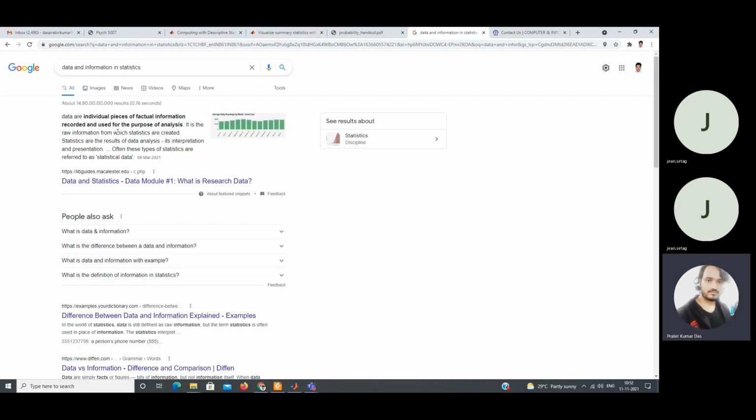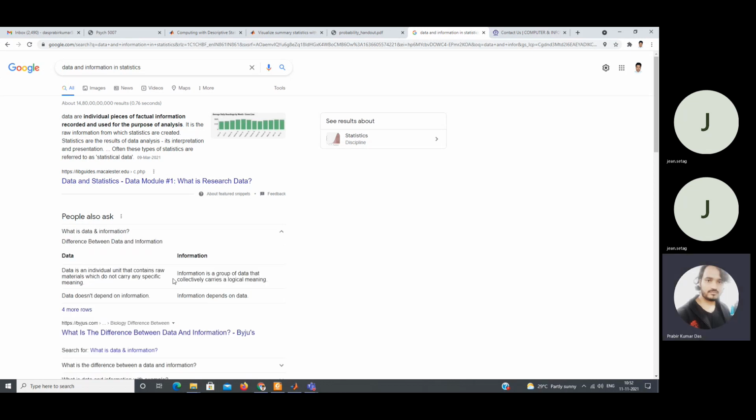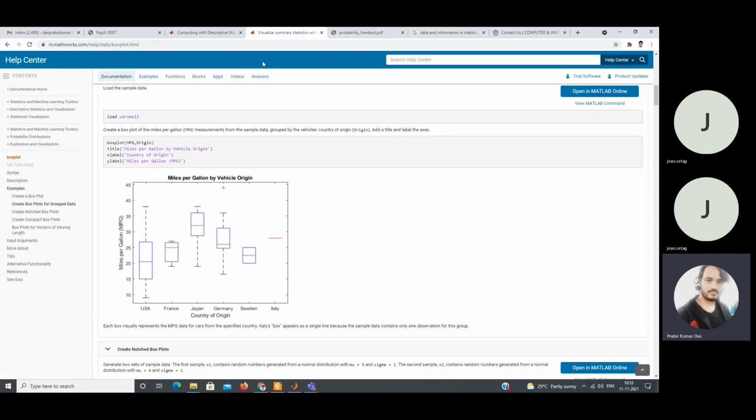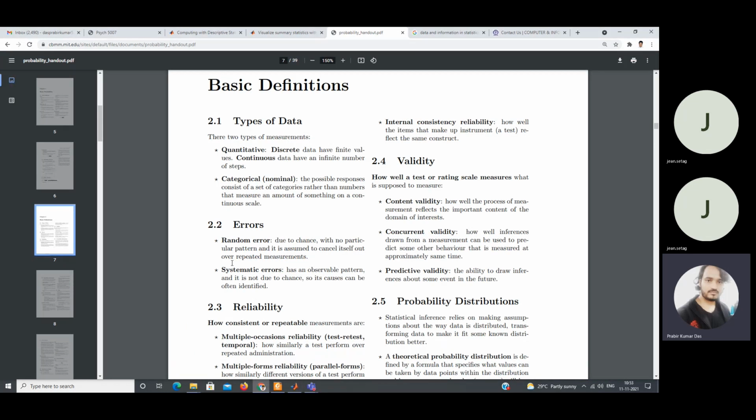But information is a group of data that collectively carries a logical meaning. So data may or may not have logical meaning, but information must have some logical meaning. The basic difference is that you can get information from the raw data.